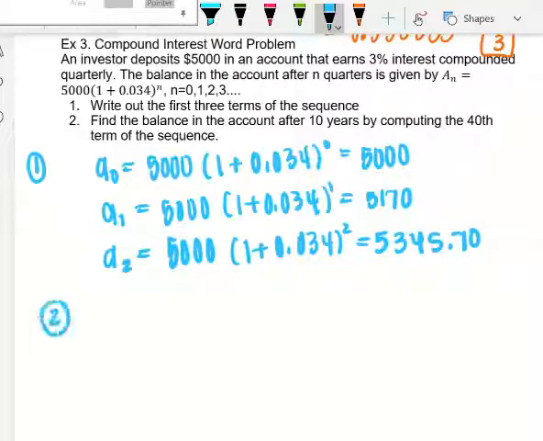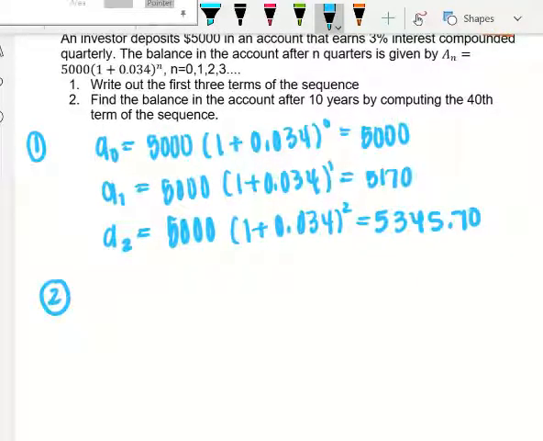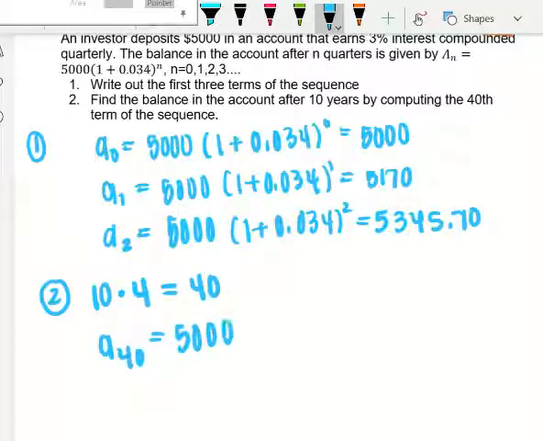Well, let me just explain how they get 40. If you have 10 years and you're talking about quarters, that's 4 quarters every year, then that would be the 40th term. And plugging in 40, your balance after 40 quarters would be this raised to the 40th power, which is going to be, let me plug that in.